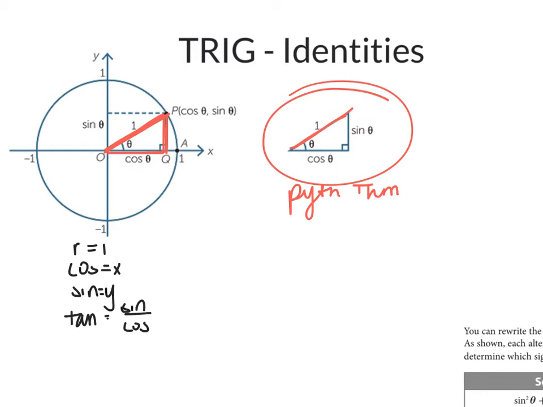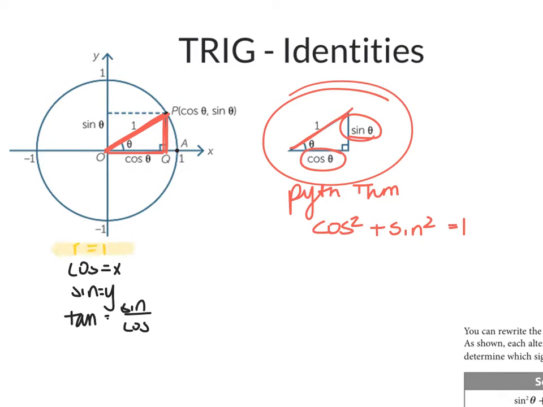Remember, Pythagorean theorem is a squared plus b squared equals c squared, where c is the hypotenuse. So in this case, we get cosine squared plus sine squared equals 1, because that's a squared plus b squared, the two legs, equals c squared. And that c squared is really like 1 squared, but 1 squared is just 1.